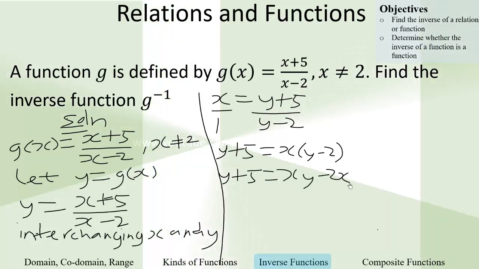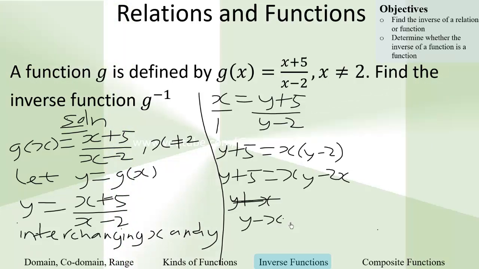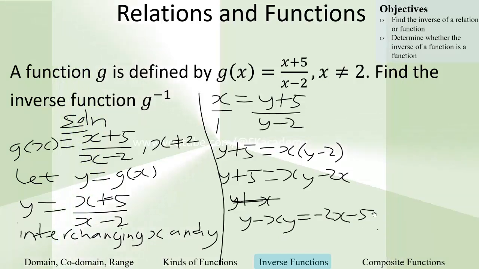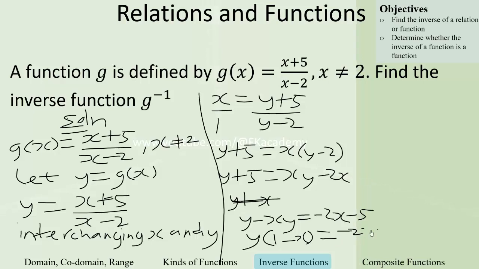Now we make y the subject. So we have y minus xy is equal to minus 2x minus 5. So when we factor y, we get y times 1 minus x is equal to minus 2x minus 5.